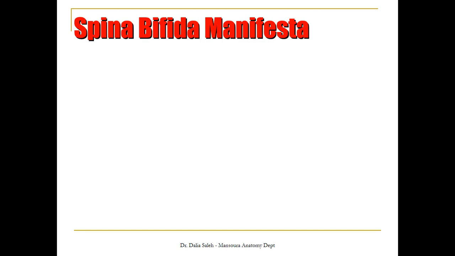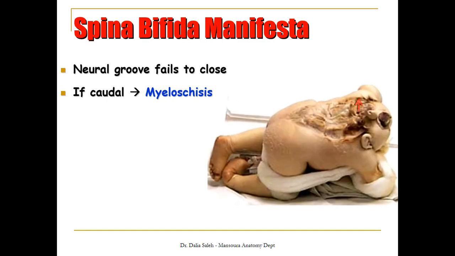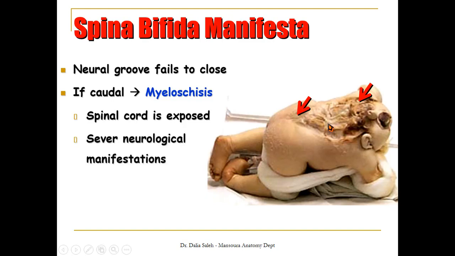The other type of spina bifida manifesta is myeloschisis, in which the neural groove fails to close. If it's caudal, meaning at the region of the spinal cord, we have myeloschisis. In this case, the spinal cord is completely exposed to the surface, and there will be severe neurological manifestation, in this case incompatible with life.